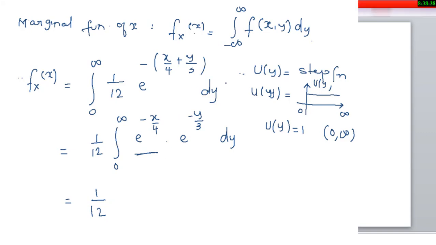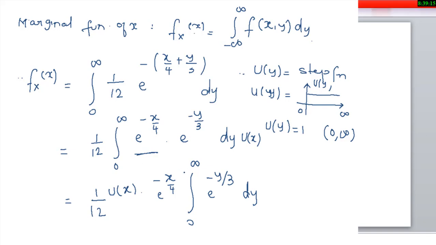You have u of x also. You can keep u of x as it is, or it can be taken as the value 1. I'll take u of x, the constant term, outside, and e power minus x by 4 is also outside. What remains is the integration from 0 to infinity of e power minus y by 3 into dy.